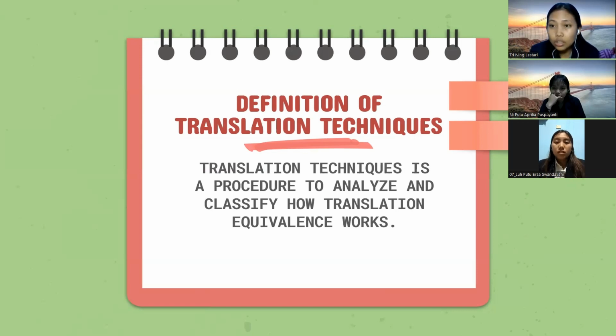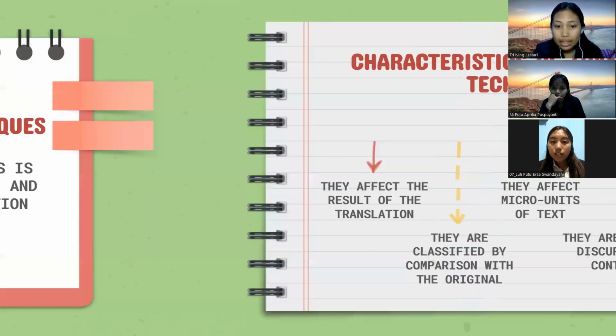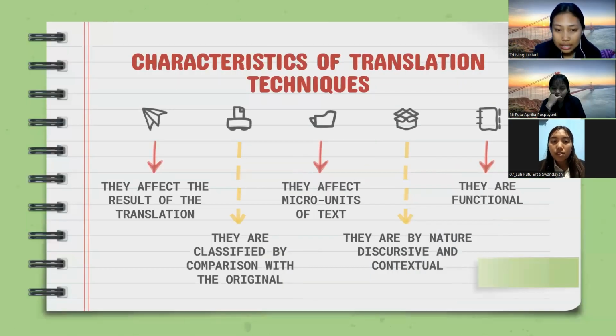Therefore, the techniques of translation can be defined as the way used by the translator to translate smaller units of language like word, phrase, or expression from the source language into the target language. And then characteristics of translation techniques. We have 5 characteristics.